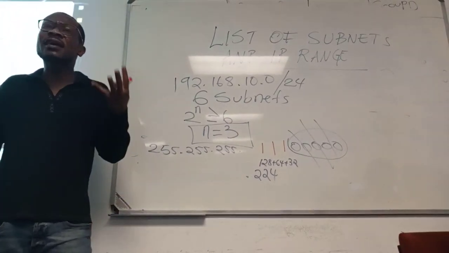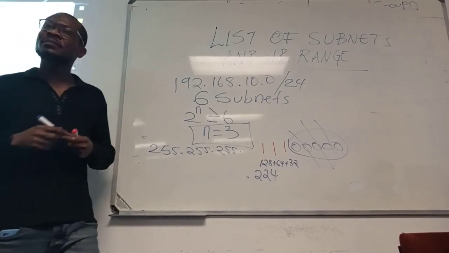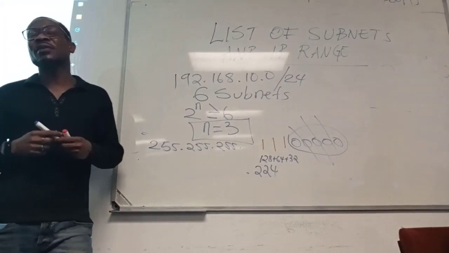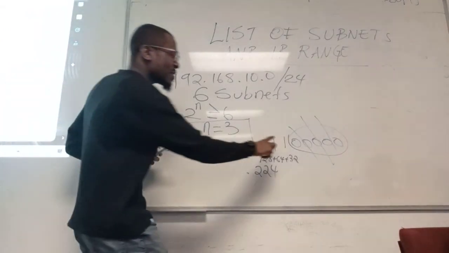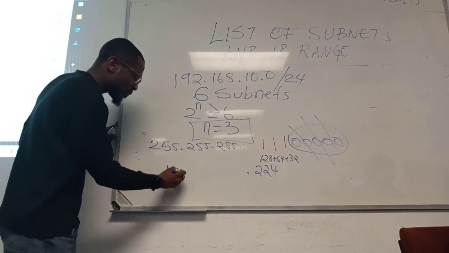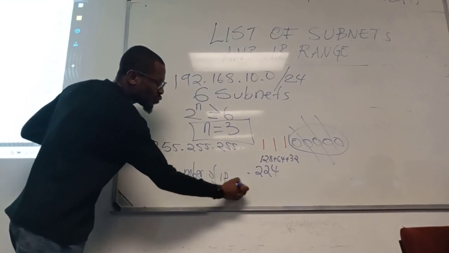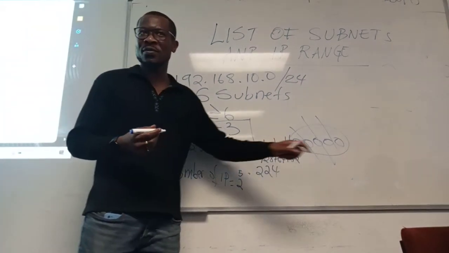But what are those departments? Before even moving there, we have to know how many IPs for every subnet. How many zeros are here? 5. So the number of IPs or hosts is 2 to the power of 5, because of 5 zeros.